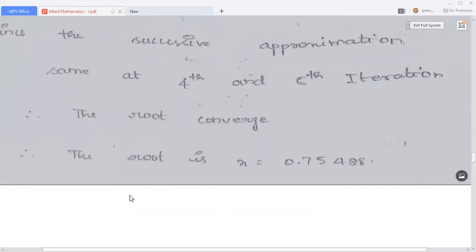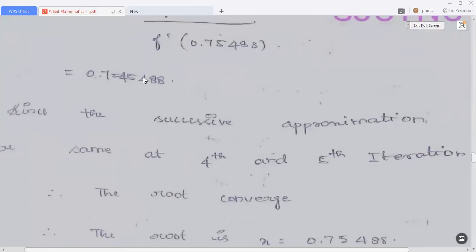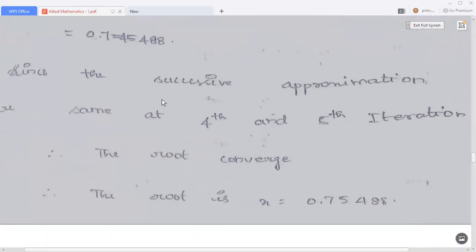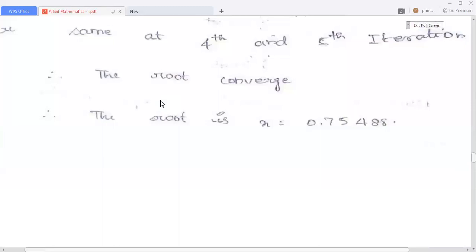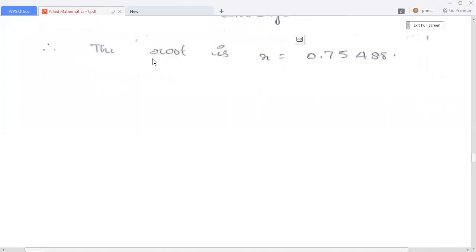Since the successive approximations are the same at the fourth and fifth iterations, the root converges. Therefore the root of the equation is x equal to 0.75488. This completes the problem.